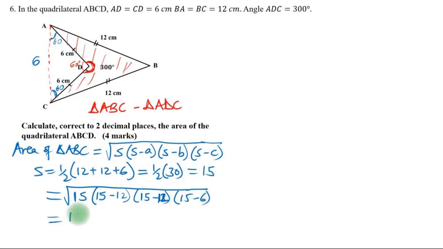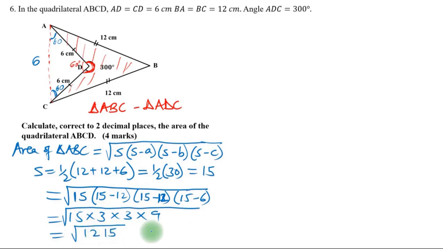So this will be the square root of 15 times 3 times 3 times 9. Using your calculator, you get 34.86 centimeters squared.